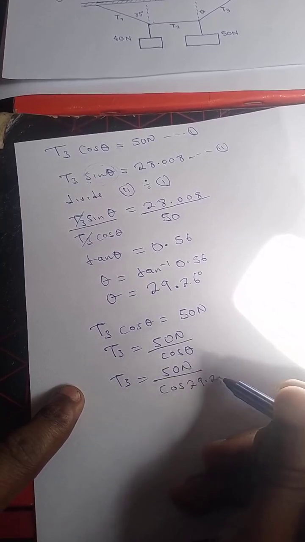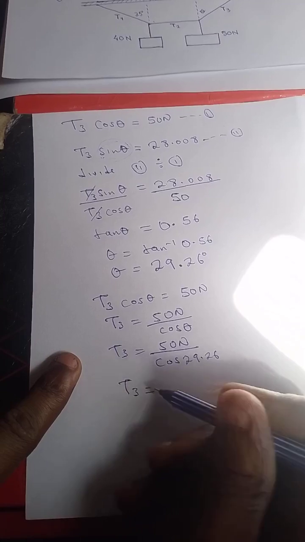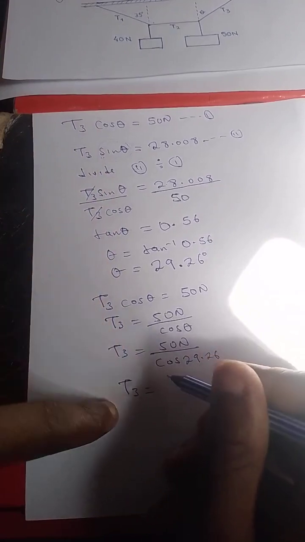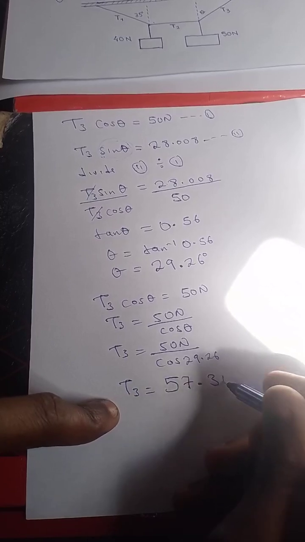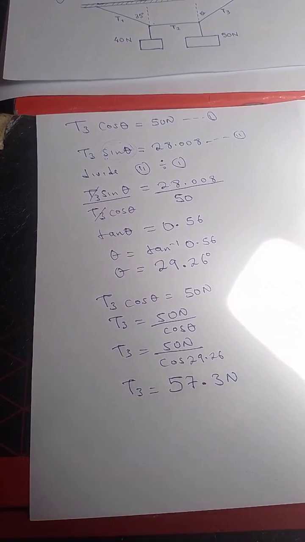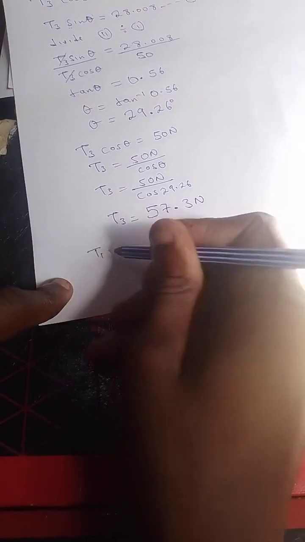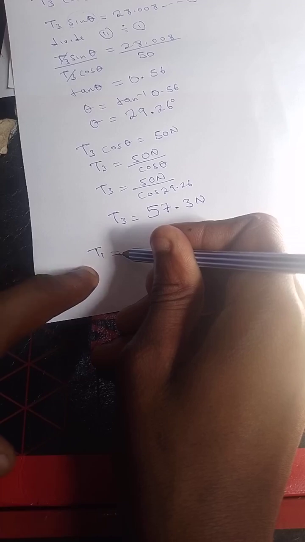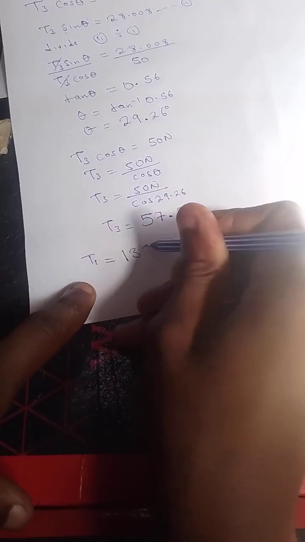So our T3 should be equal to 50 divided by that. When we divide, we get 57.3 newtons. So let me just write down the values that we have found. We found our T1 to be 137.23 newtons.